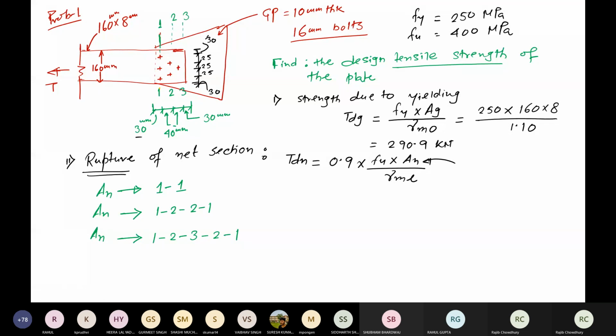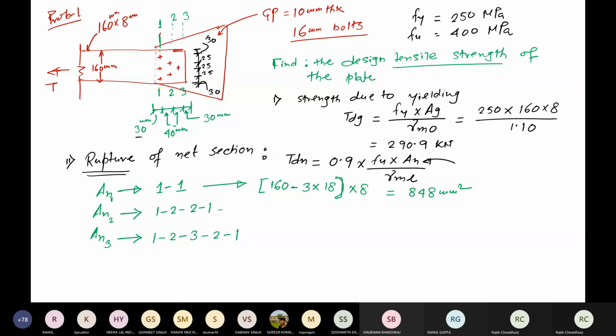Now we have all the different failure paths, so An1, An2, An3. For the first one, what would the net area be? Net area would be 160 minus 3 times 18, times 8, so it would become 848 mm square.